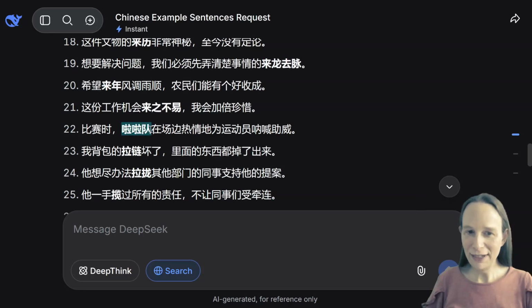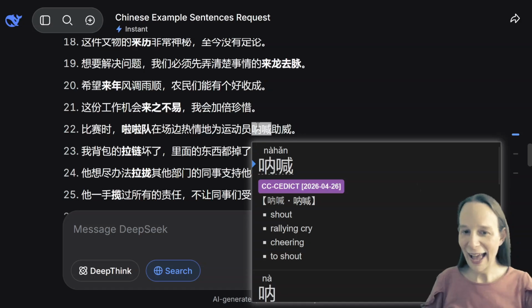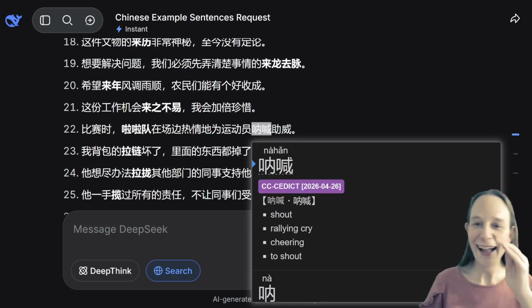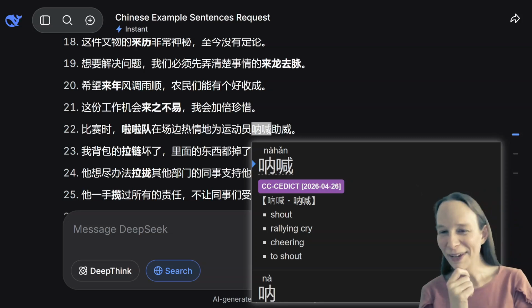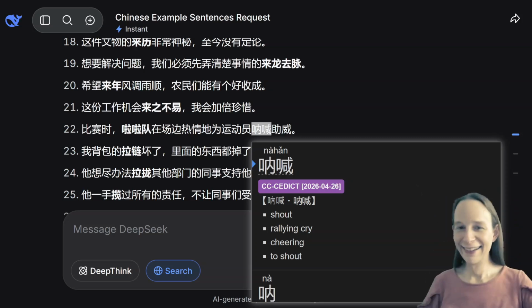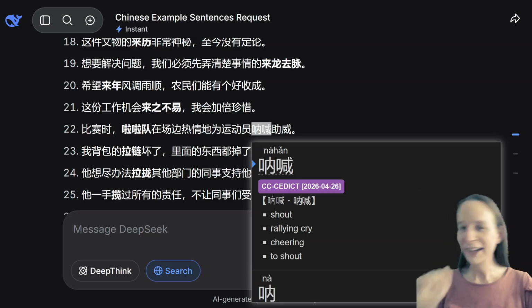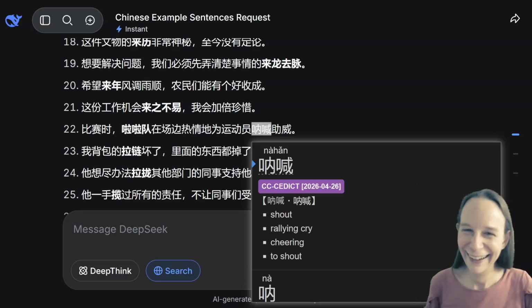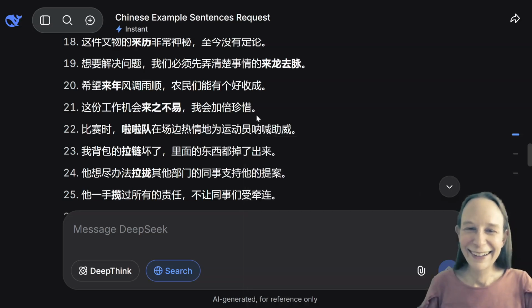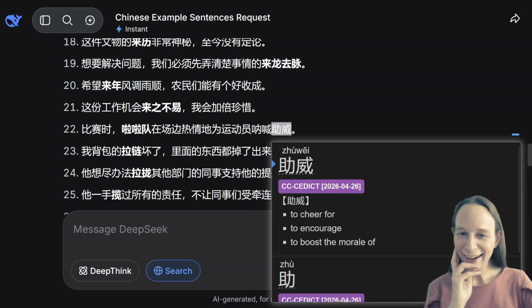So what do 啦啦队 do? They 呐喊助威. 呐喊 is yelling. My neighbors will be like, keep it down in there. 别呐喊. All right, 助威.